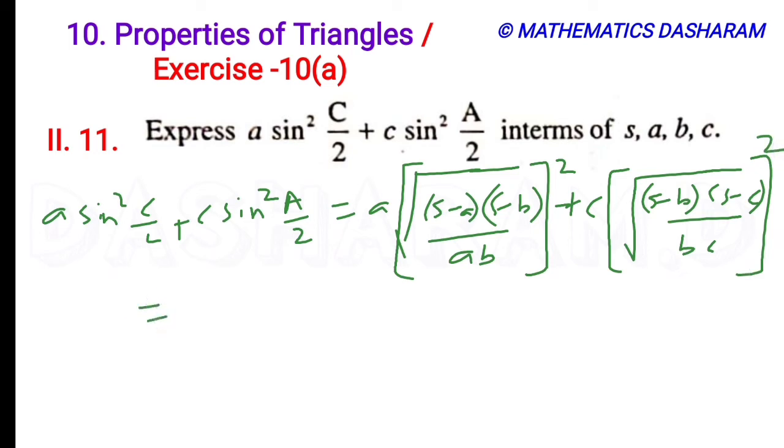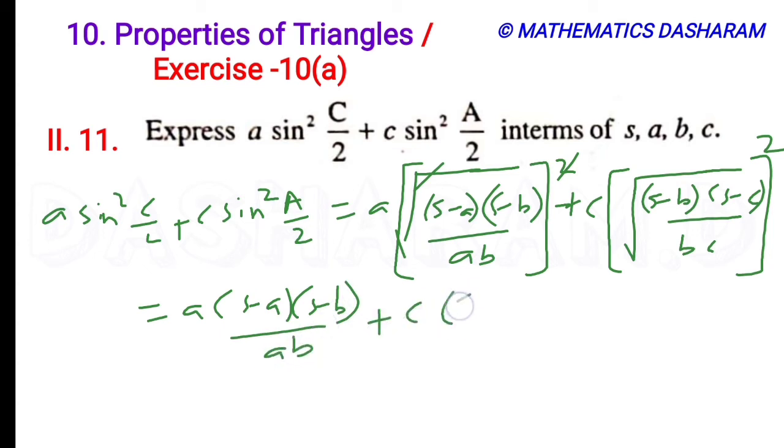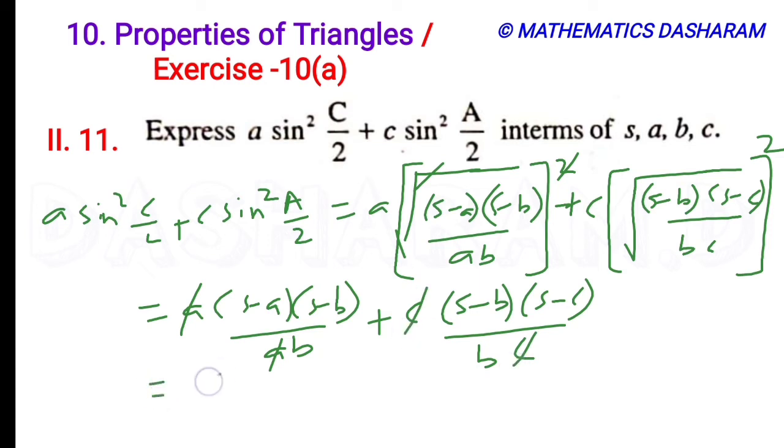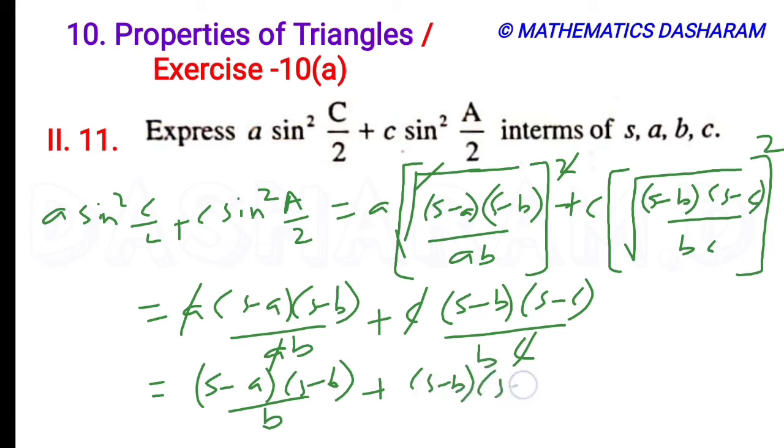So it is equal to, here the square roots cancel, so a into (s minus a)(s minus b) divided by ab, plus c into (s minus b)(s minus c) divided by bc. Here a cancels, c cancels, so then (s minus a)(s minus b) by b, next to (s minus b)(s minus c) divided by b.